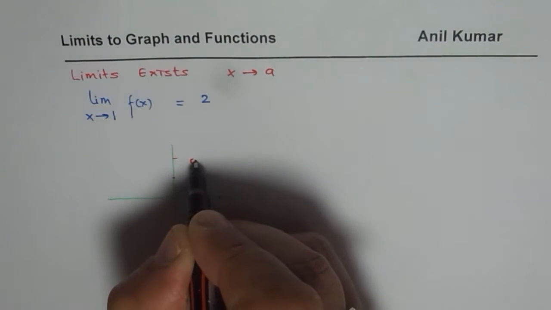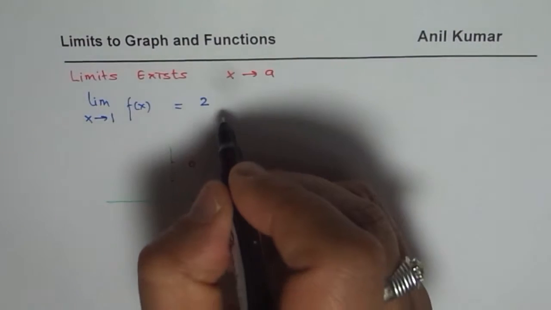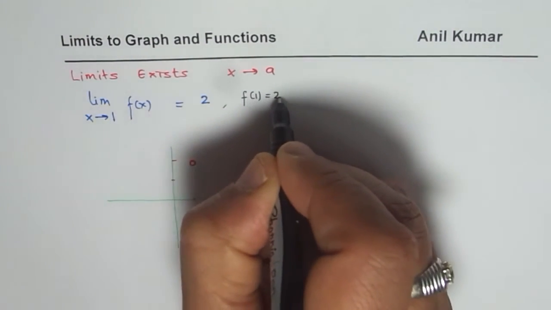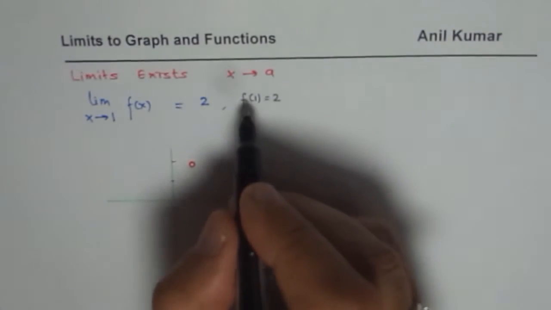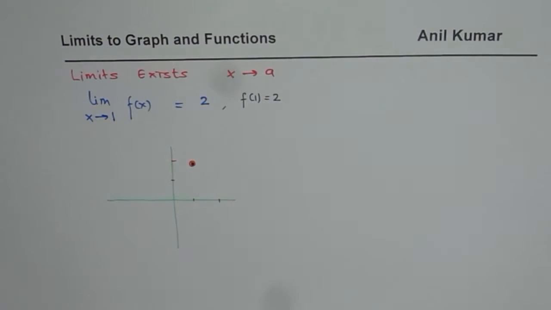Normally when it is a limit, you have to mark it as a hole. Now, if I say here that f of 1 is equal to 2, this value makes the function continuous at this point. So this hole gets filled up. That is the concept. So you get a continuous function at x equals 1.